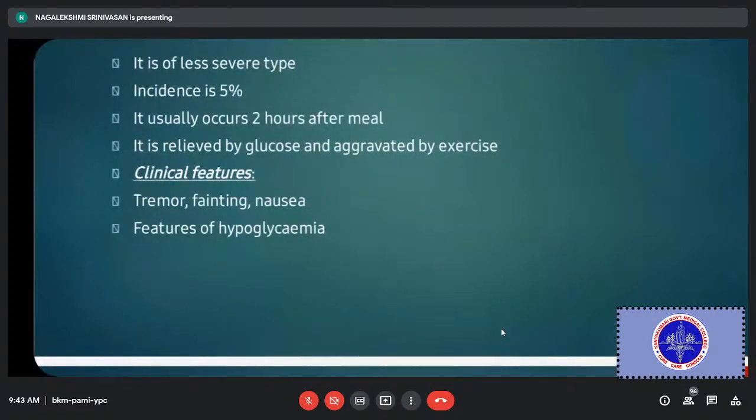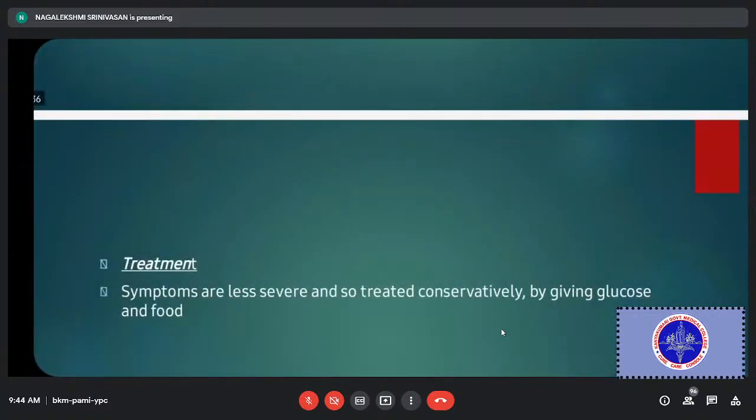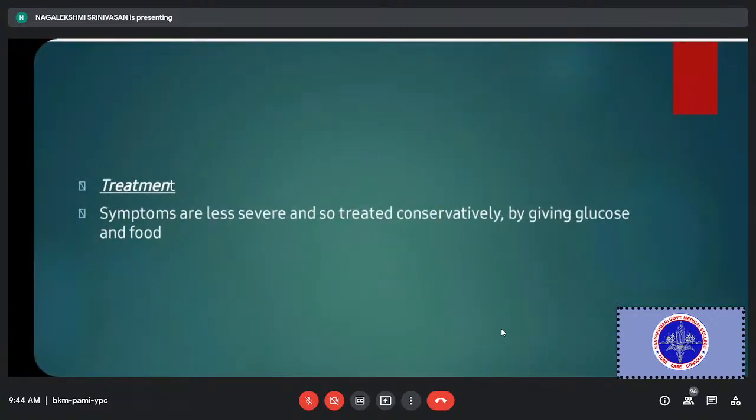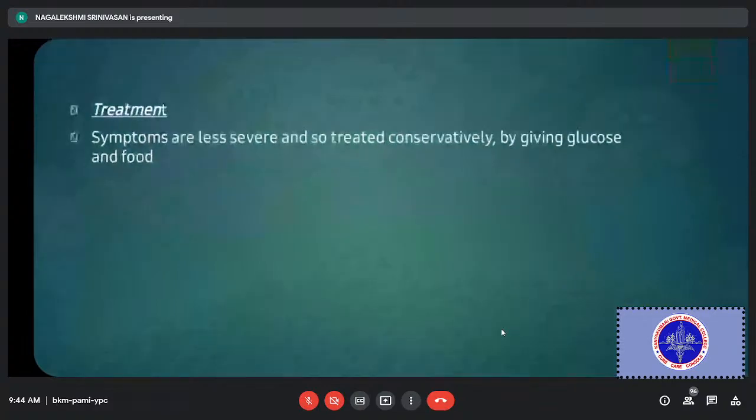In early dumping, hyperglycemia prevents further absorption of glucose, and that causes osmolarity changes, diarrhea and hypovolemia. Here the entire pathology is different: there will be hypoglycemia and its symptoms, tremor, fainting, and nausea. Symptoms will be less severe and treated conservatively by giving glucose and food.